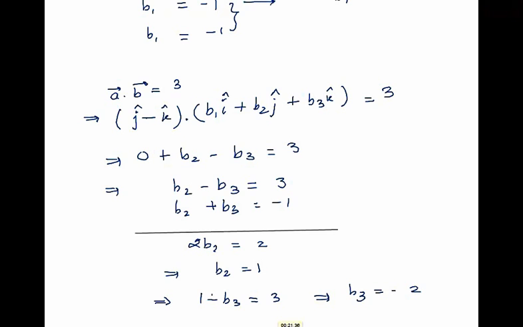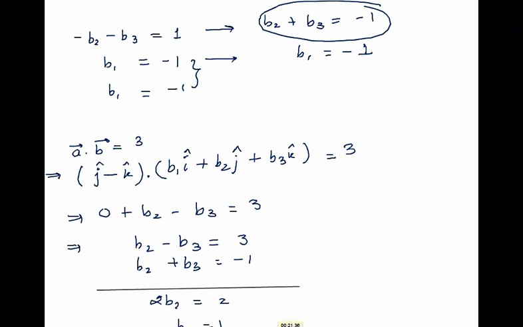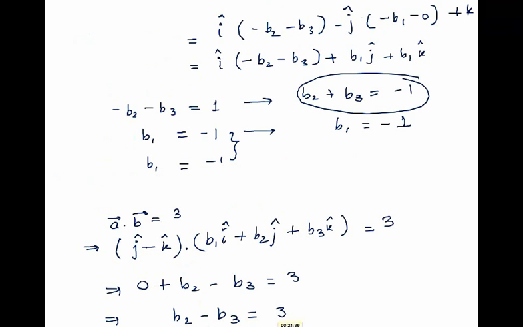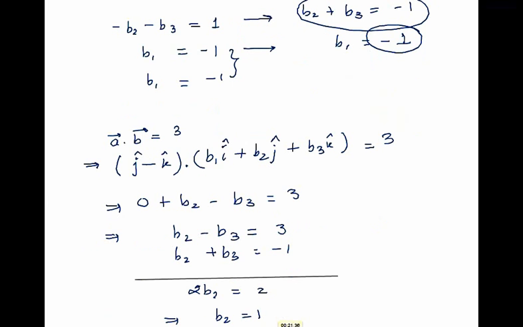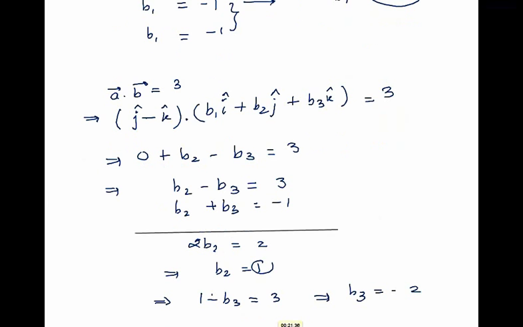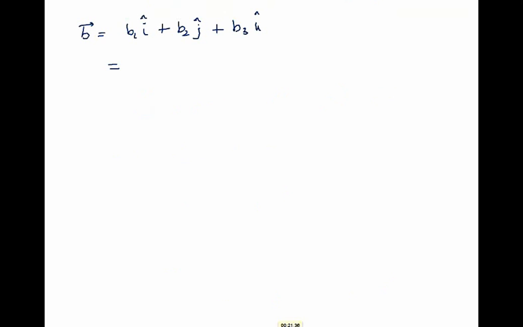So our required vector B is B1 I cap plus B2 j cap plus B3 k cap. Substituting their values, what will we be getting? First of all, we have calculated B1 as minus 1 and B2 as plus 1 and B3 as minus 2.